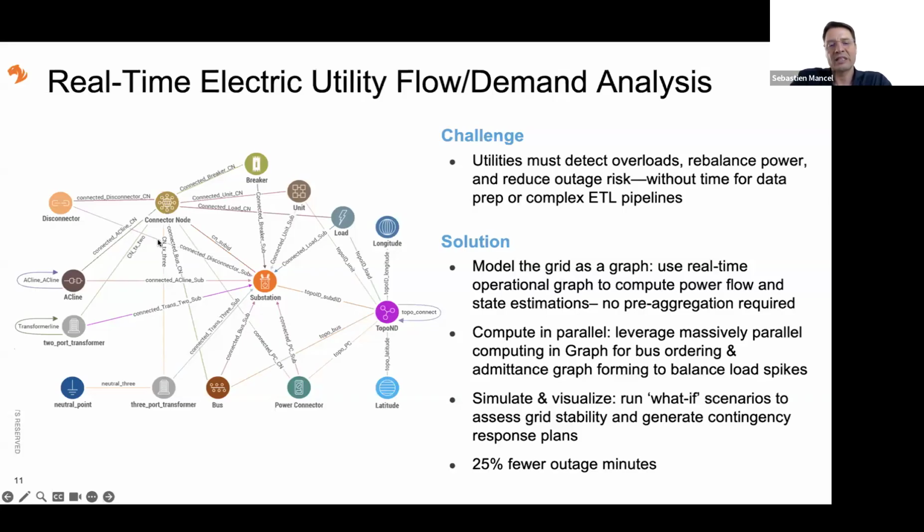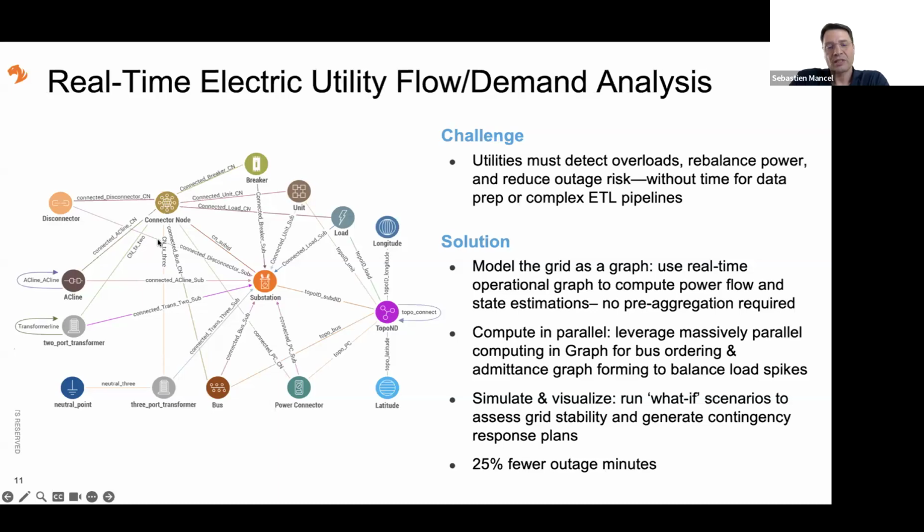Utilities can run continuously what-if scenarios to assess grid stability under different load conditions and simulate failure. This helps operators build stronger contingency response plans, knowing exactly which parts of the grid are most vulnerable. And the results are meaningful.